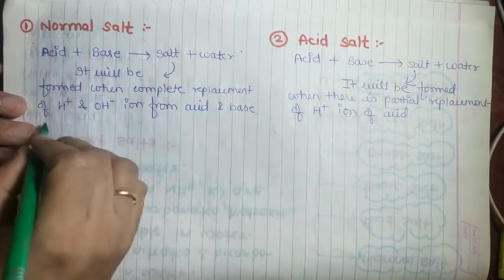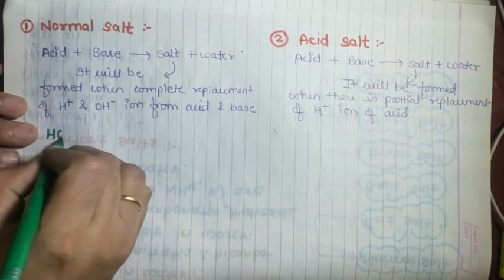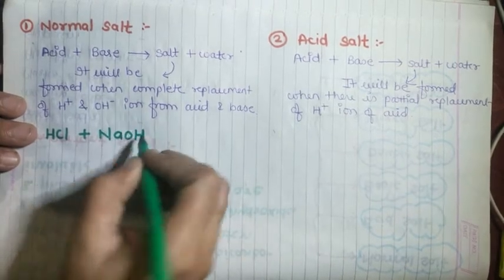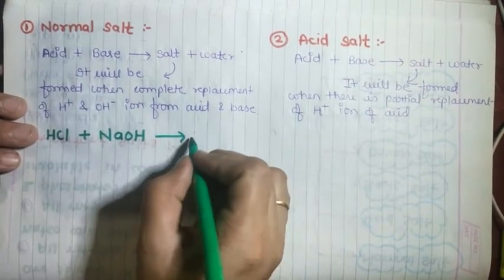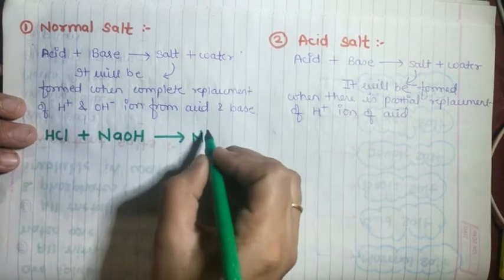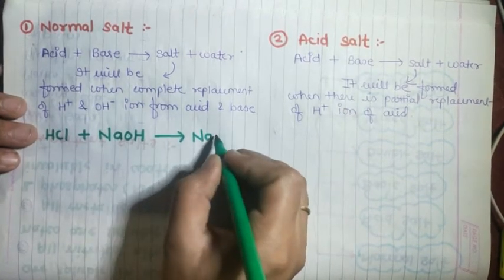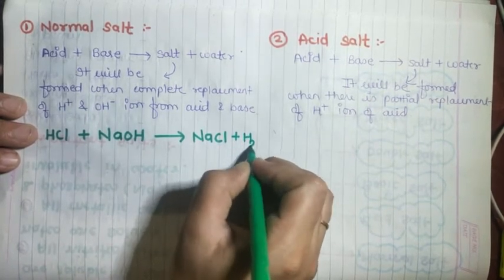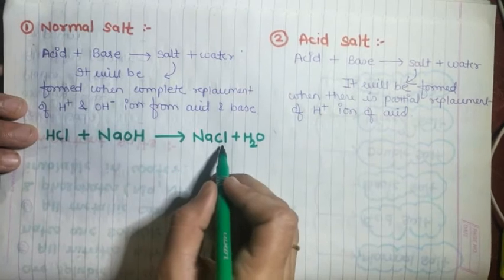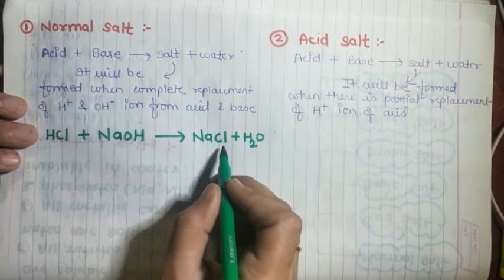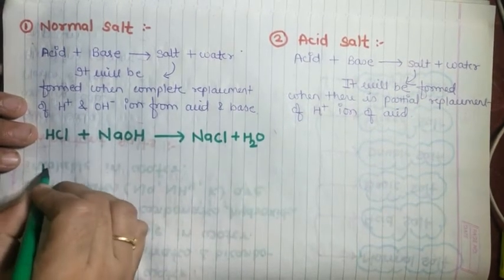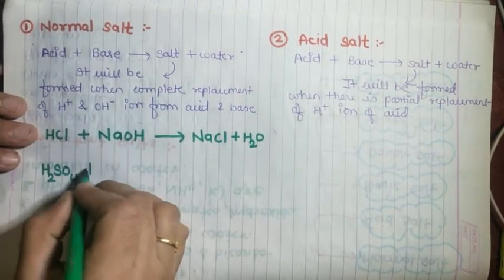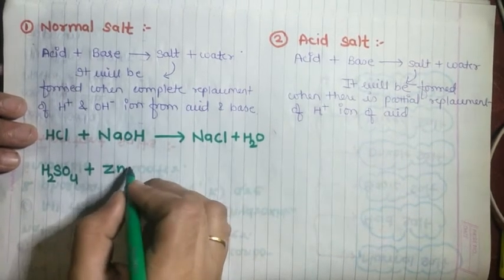Let us take an example of HCl reacting with NaOH. We get a salt carrying only one positive ion, the sodium ion, and the chloride anion, and water. So this is called a normal salt. Let us take another acid, H2SO4, reacting with, suppose, zinc oxide.